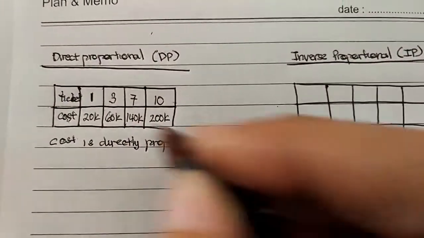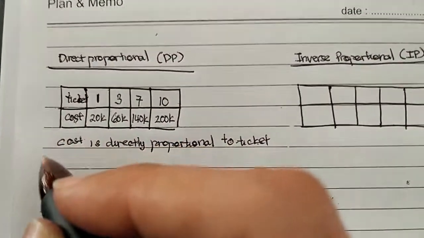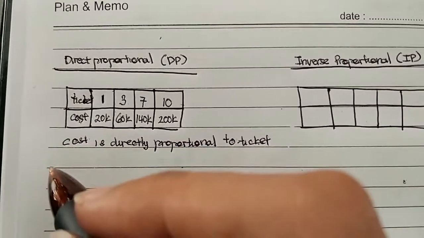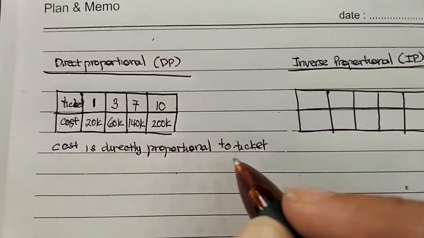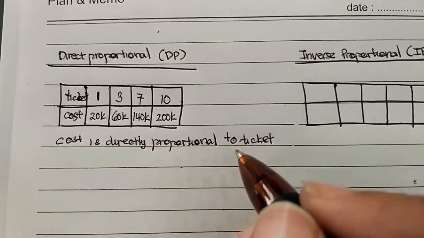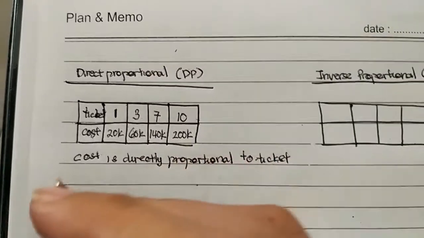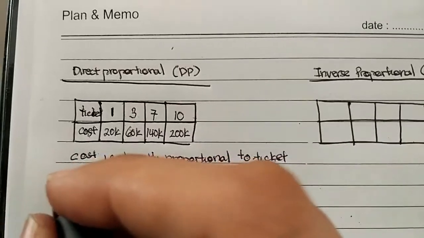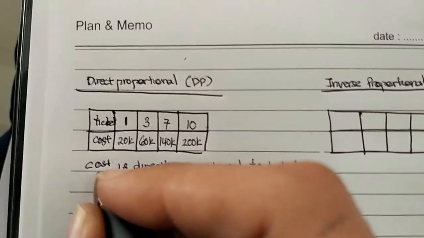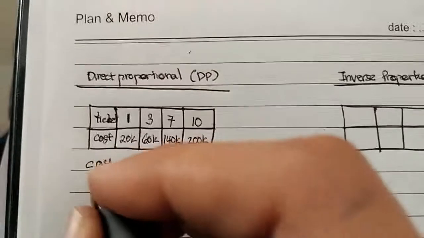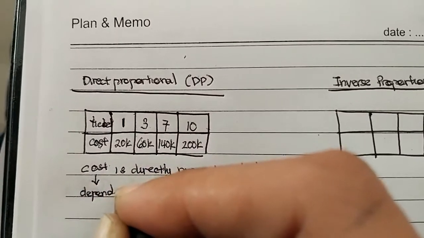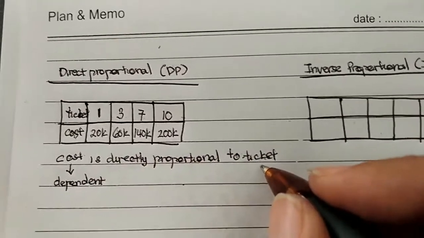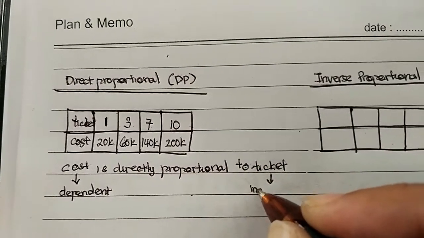When I say cost is directly proportional to ticket, it means the value of the cost is dependent on the number of tickets that you want to purchase. So this one is dependent, and this one will be independent.